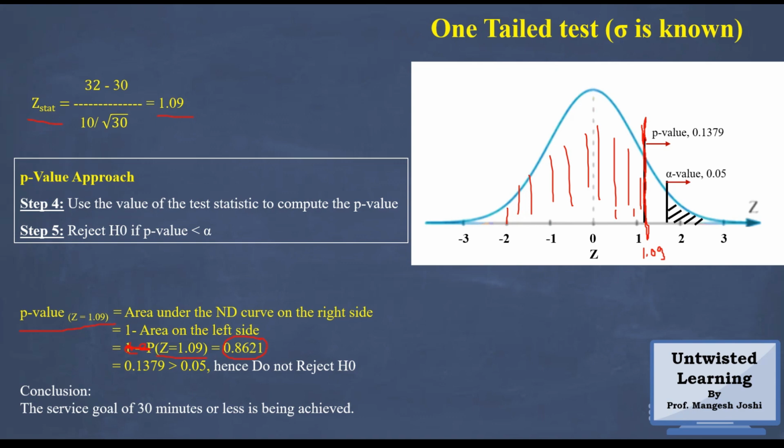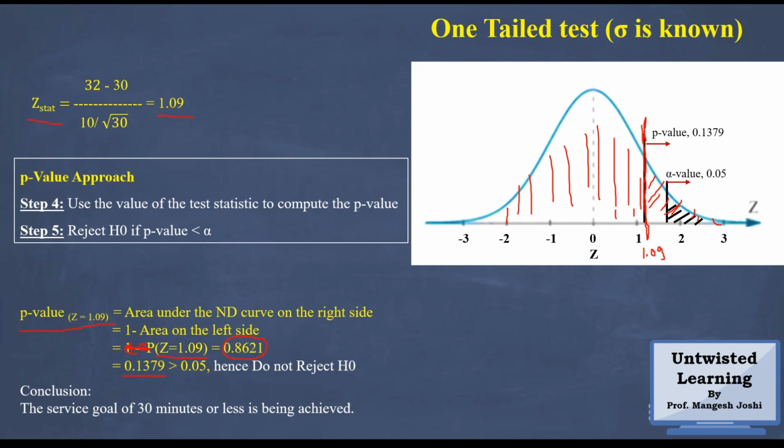So the value at Z equals 1.09 is 0.8621. So 1 minus 0.8621 will become 0.1379, means this area under the curve on the right side is 0.1379.